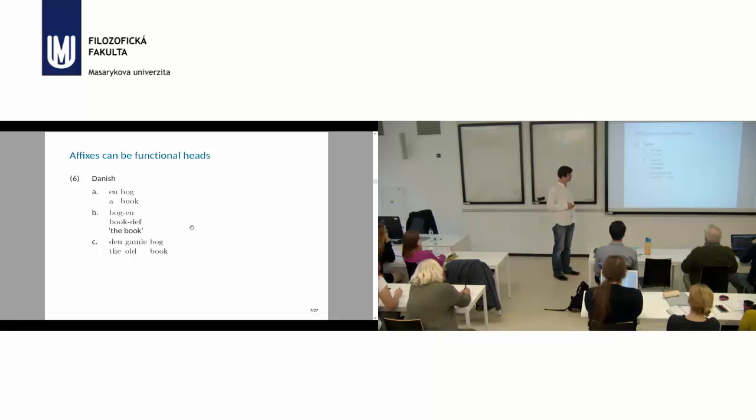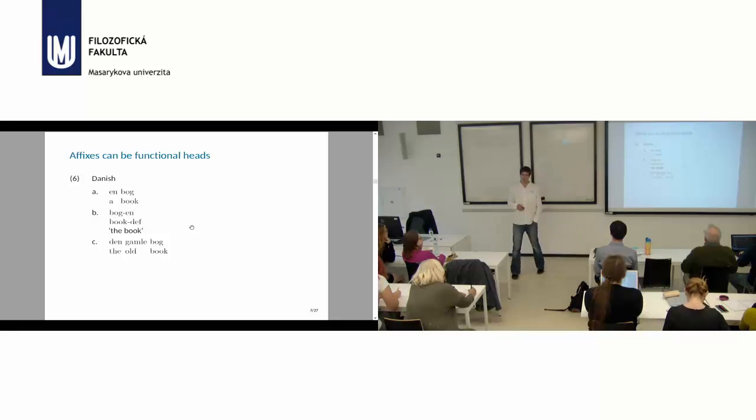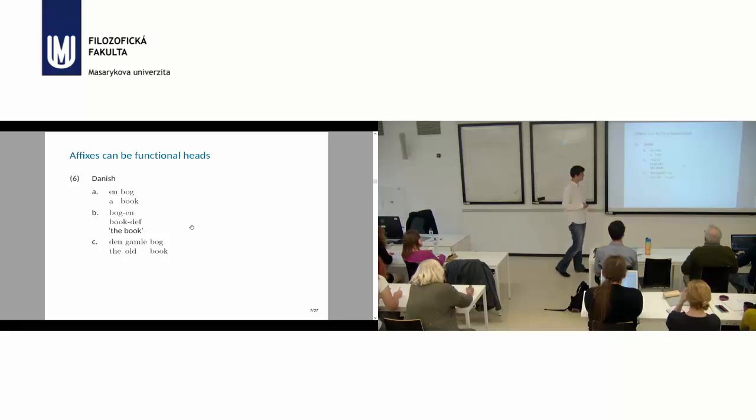But at the same time, you don't want to say that nouns in the Danish lexicon simply are inflected for definiteness. The reason people don't want to say that is because when you add an adjective into the mixture, you have to say den gamle bok.